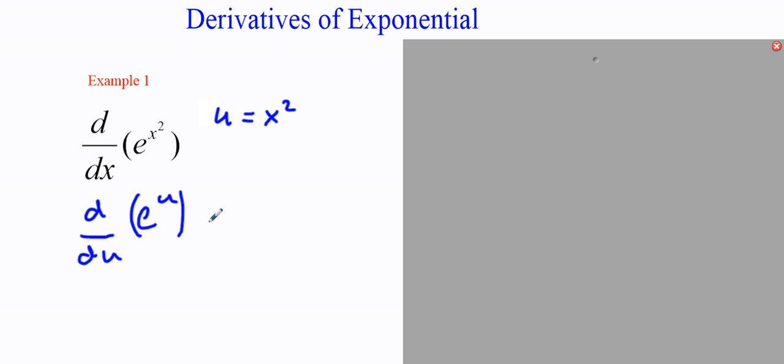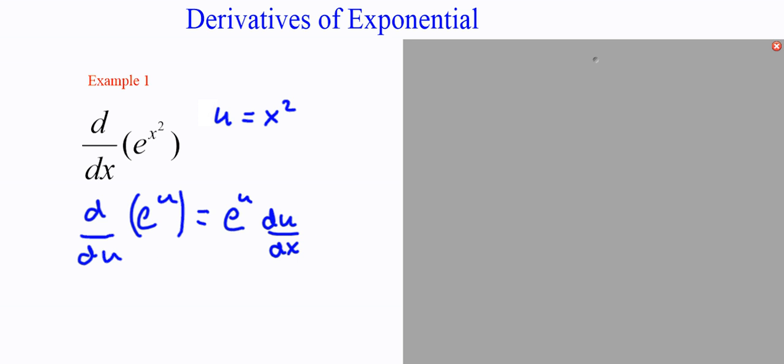This might be a method that you've used in the past where you replace u, the composite function, the one that's inside the other one, with u. So we're going to take this derivative. We take the derivative of e to the u, which we know is e to the u, with respect to u. Now we need to take the derivative of u with respect to x, because in this problem we want the derivative with respect to x.